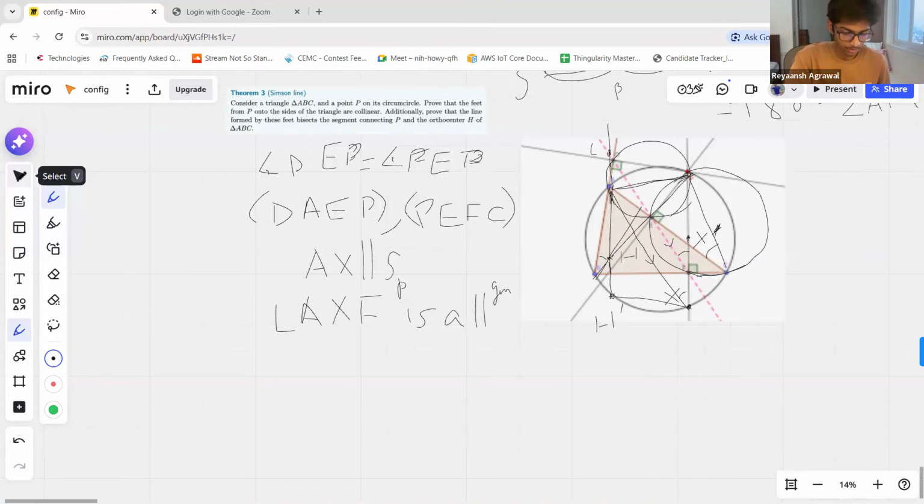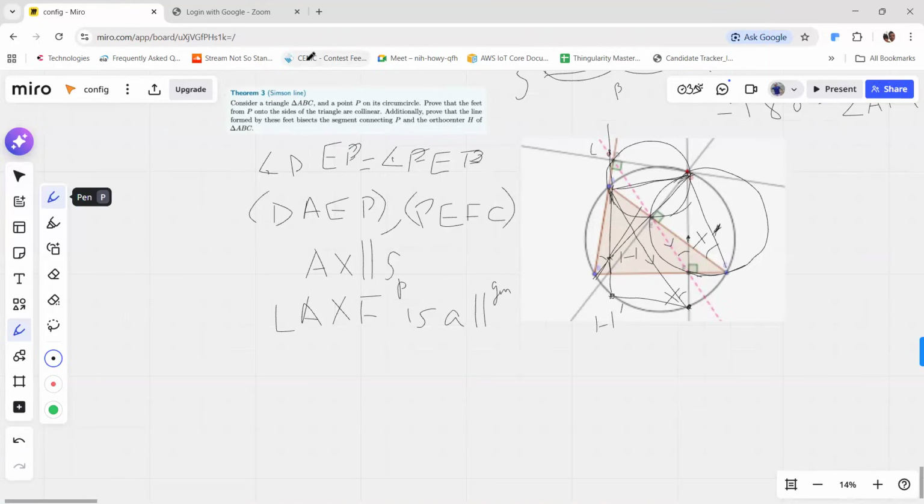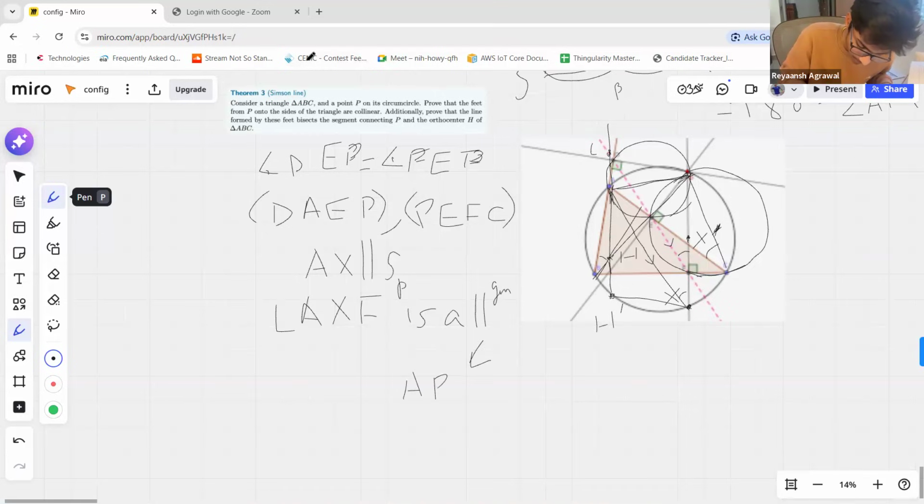Now, can we say anything about quadrilateral APX prime H? It is a parallelogram. Yes, exactly. APHX' is also a parallelogram. Okay.